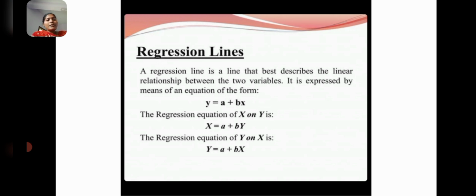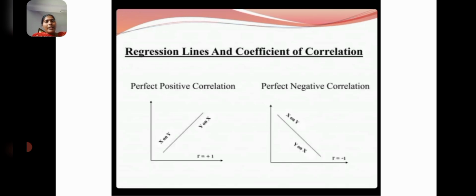It is expressed by the equation y equals a plus bx. If the regression equation is x on y, then x equals a plus by. If the regression equation is y on x, the equation is y equals a plus bx.